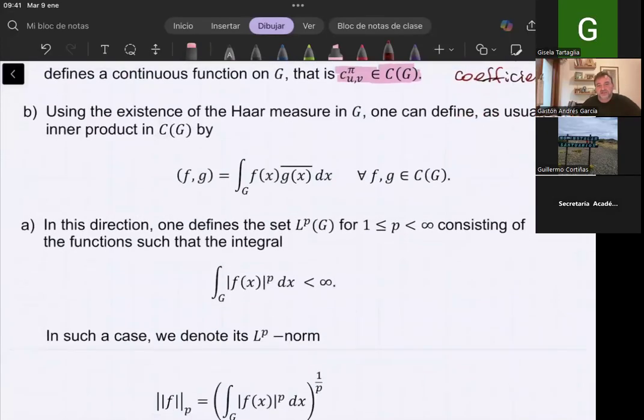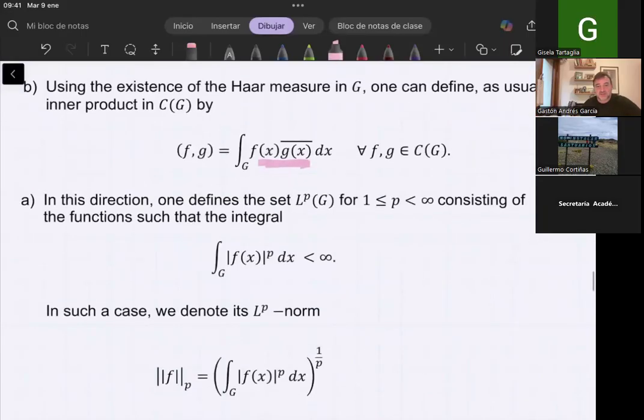Using again the Haar measure, we can define, as usual, an inner product on the space of continuous functions. We take the integral of f of x times the conjugate of g of x. This gives us an inner product.